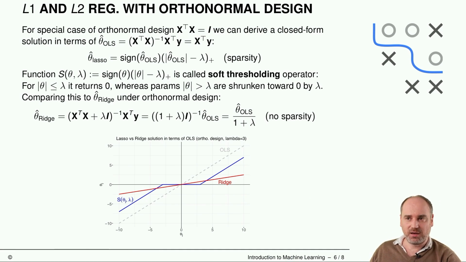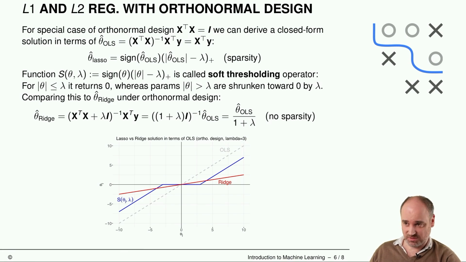We'll now analyze the L1 and the L2 penalty with what we call an orthonormal design. That's a special case where X transpose times X, our design matrix transpose times X, is exactly the identity matrix. Usually that really doesn't happen in practice, but you can see this as a scenario we'll explore for teaching matters, because it simplifies matters a lot.